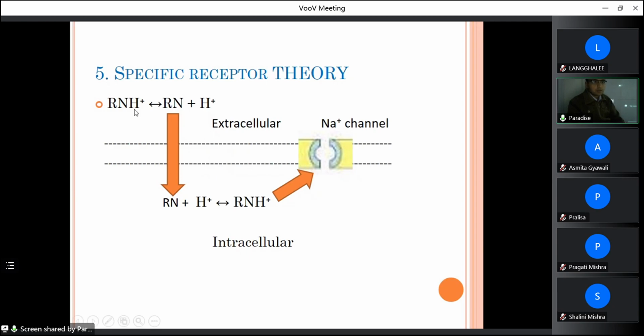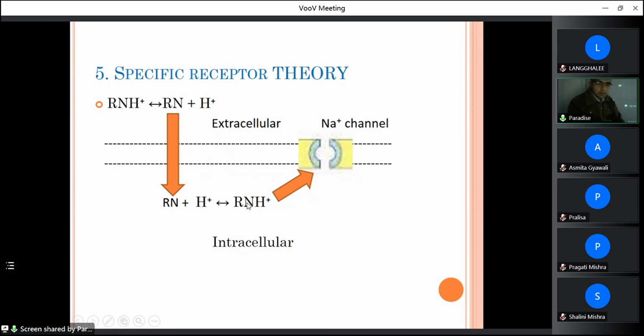It's very simple. Whenever you deposit a local anesthesia near the nerve cells, it will dissociate into RN and H+ ion. RN, which is a neutral molecule, will cross the lipid membrane and reach the intracellular fluid. Within the intracellular fluid, it will react with the H+ ion, and it forms the RNH+.